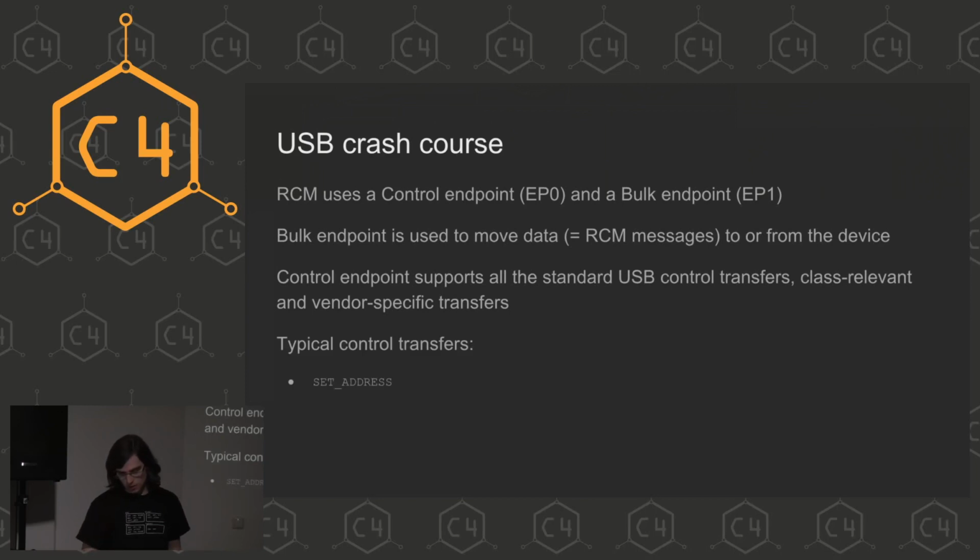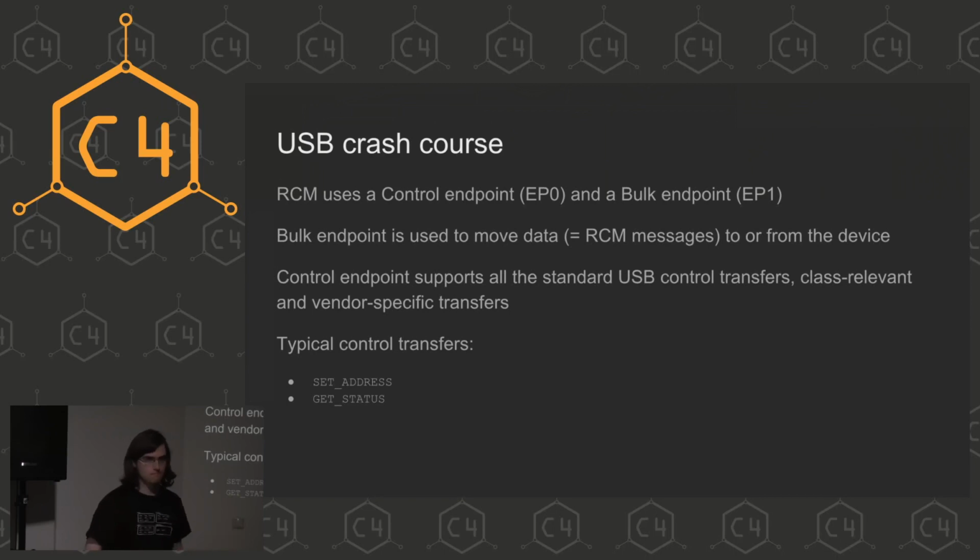And typical control transfers are stuff like set address. If you plug in a USB device, it doesn't have an address assigned yet, so the host controller over the host USB stack tells the device over the control endpoint, your address is now 20. And then that device reacts every time it's talked to on that address 20. Then there's a get status request. We will see this later.